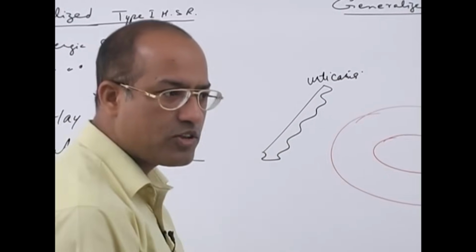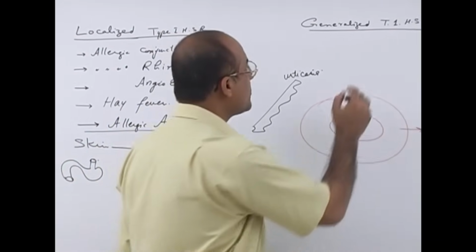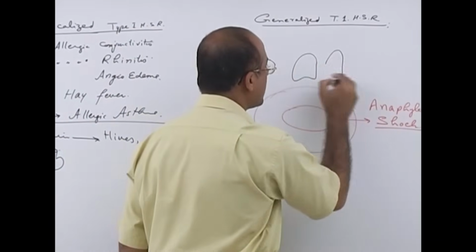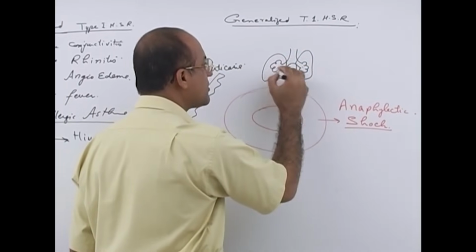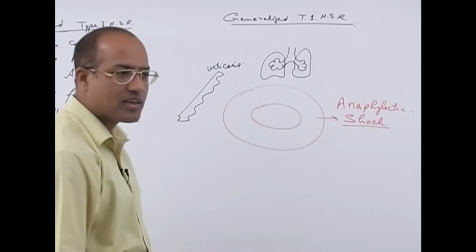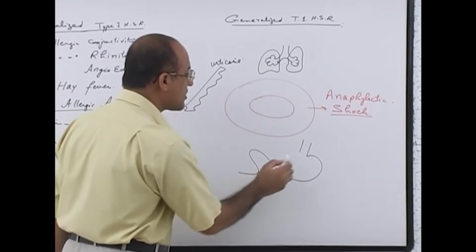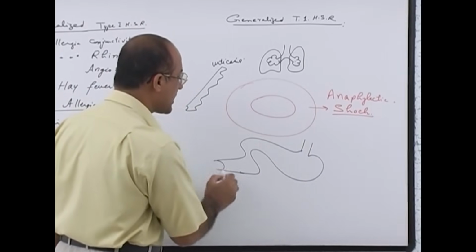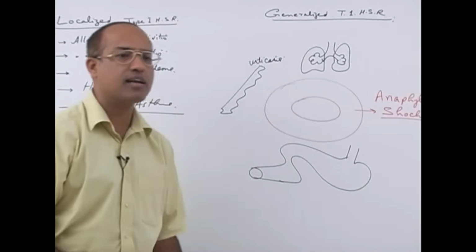So this person will develop rashes, falling blood pressure, and naturally when respiratory system mast cells degranulate, this person will develop difficulty in breathing. And if GIT mast cells degranulate, this person will also develop abdominal cramps, visceral pain in the abdomen, right?